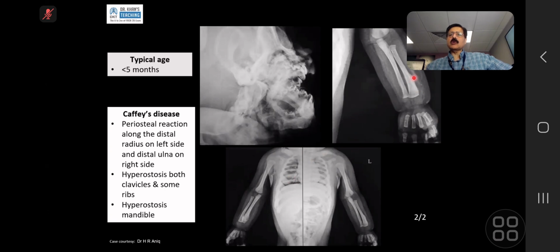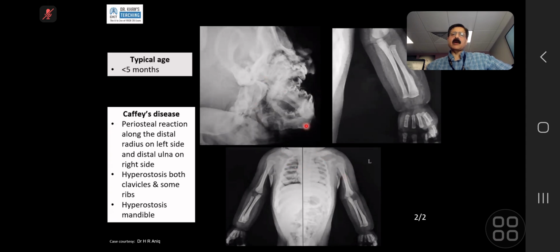Periosteal reaction along the diaphysis. So diaphyseal, thick periosteal reaction can go to the metaphysis, but not usually to the epiphysis. If you see here, this ulna is involved, this ulna is also involved. And this clavicle is involved, this clavicle is involved.